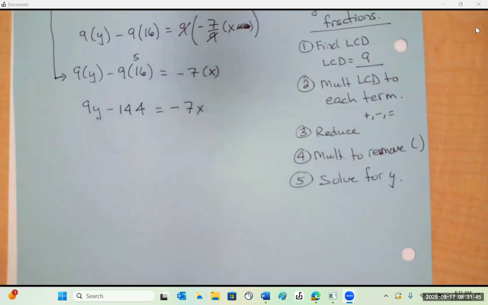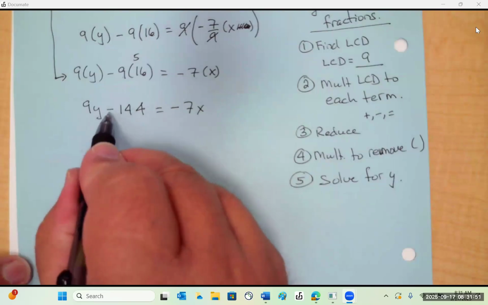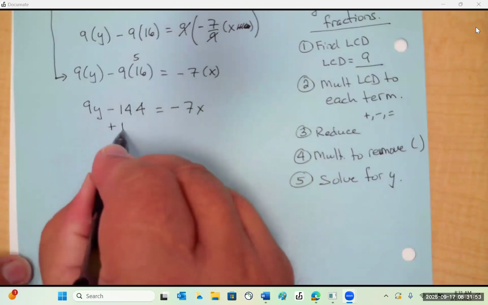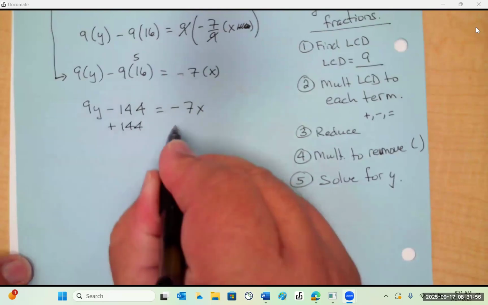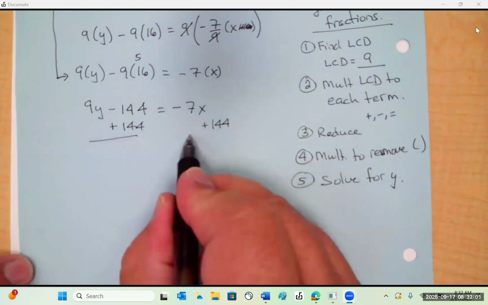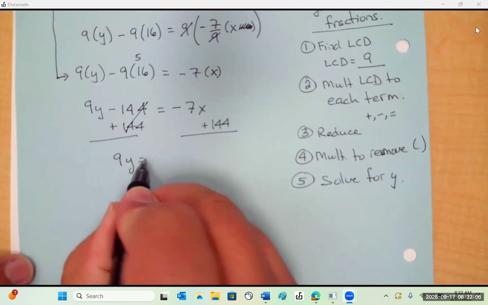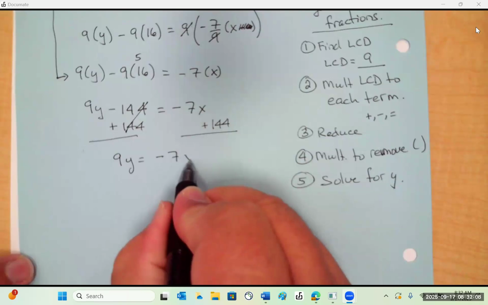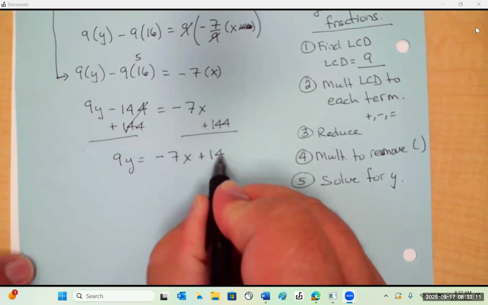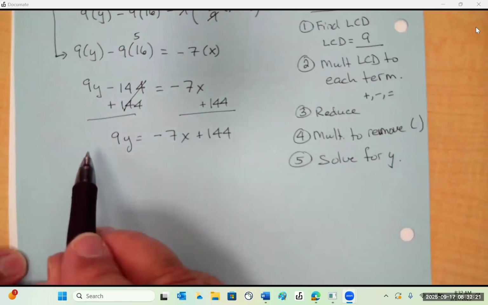Get rid of plus and minuses first. So how do we get rid of 144? Because it's negative, we have to do the opposite: add 144 to both sides. So it's negative 7x plus 144. Remember, solving for y, what do you do next? How do you get y by itself?